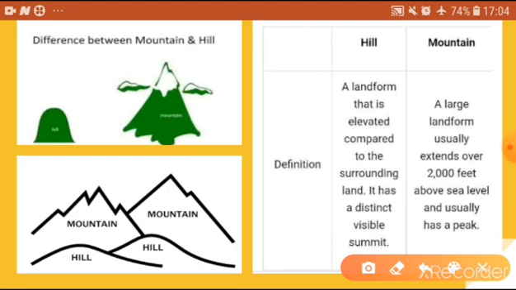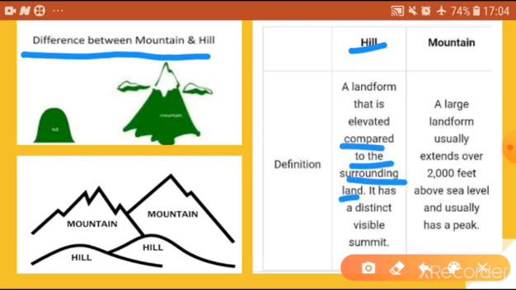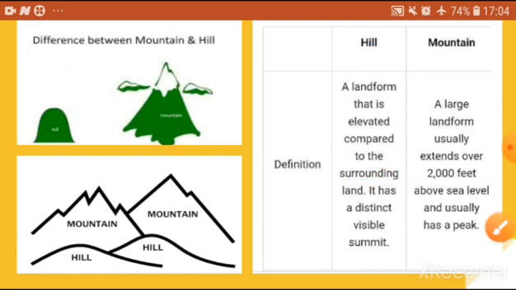Look at these two pictures. Here they are showing the difference between mountain and hill. What is a hill? A landform that is elevated compared to the surrounding land. It has a distinct visible summit.